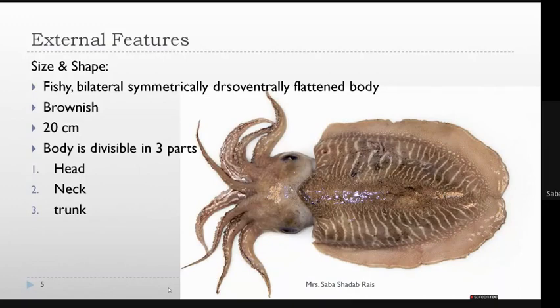When we look at them, they have a fishy type appearance, and bilateral symmetry is there. A dorso-ventrally flattened body is there. Brownish, actually it is the sepia color. Length is approximately 20 centimeters. And as we know, the body is divided into three parts. Let us discuss the body parts in detail.